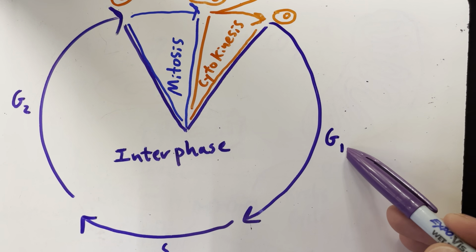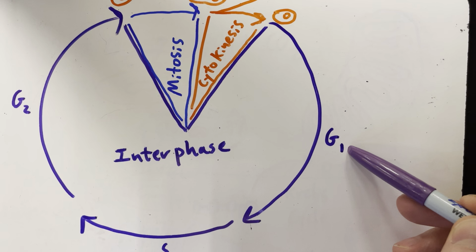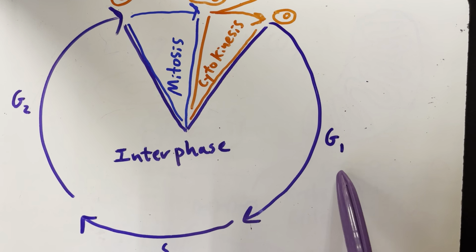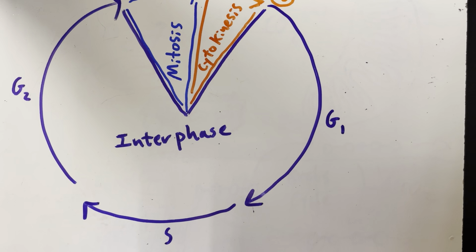And you remember G1 because G stands for growth, so that's why you have G1 and G2. The cell is growing, and then we also got the S phase.